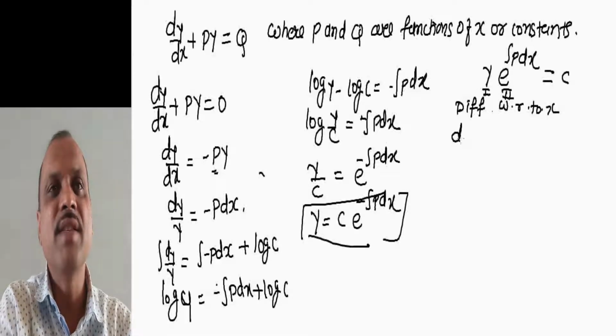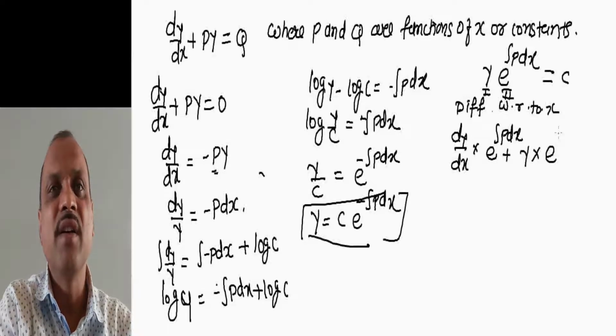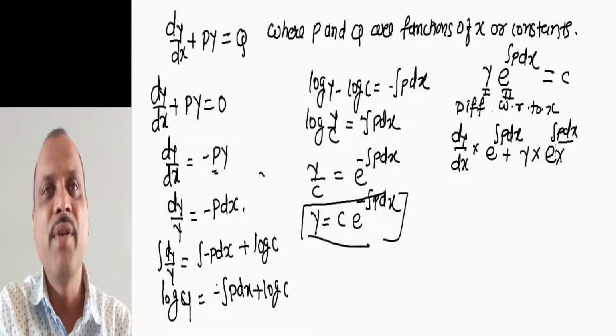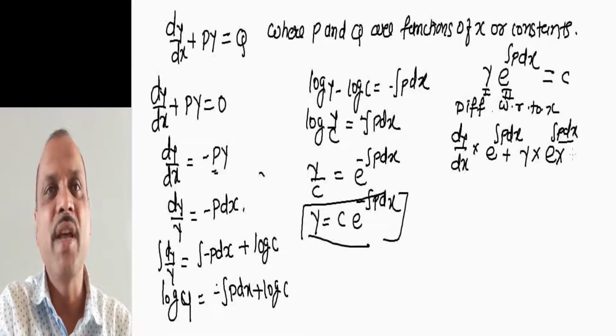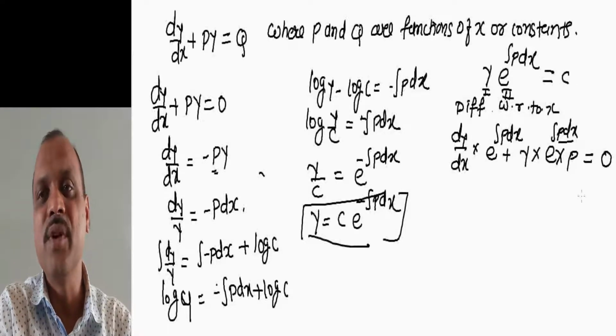Derivative of y is dy by dx into the second function as it is, e raised to integration of p into dx, plus the first function as it is, y, into the derivative of the second, e raised to integration of p into dx, and the derivative of this part by applying the chain rule: integration and derivative cancel, and we get p. The right side, c, is a constant, so its derivative is 0.